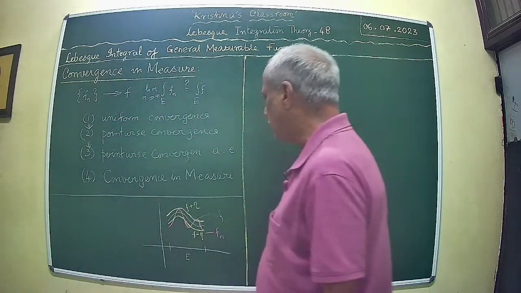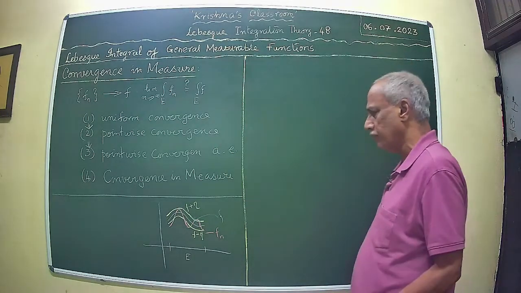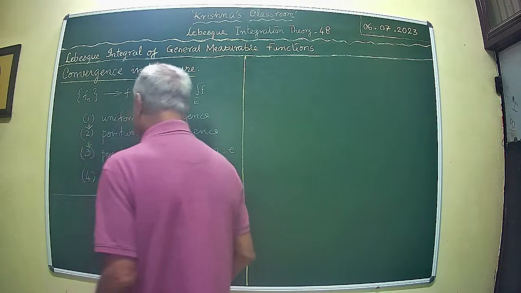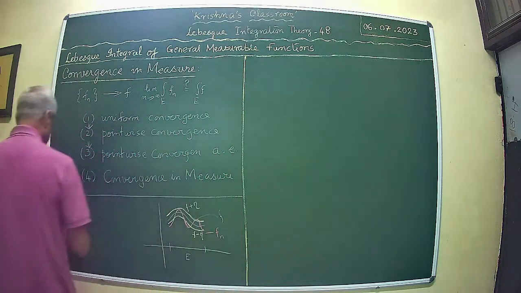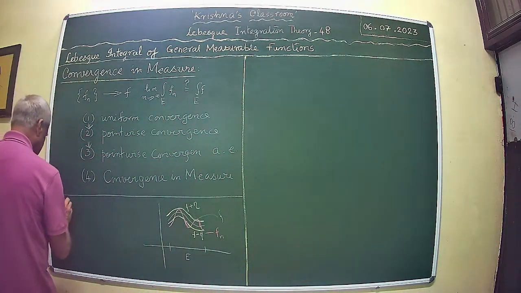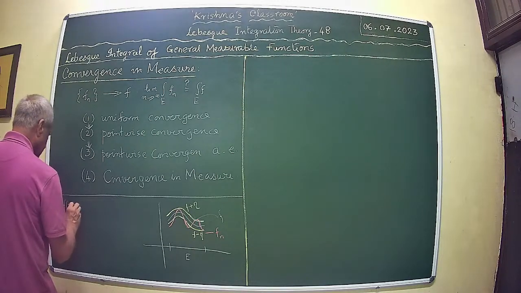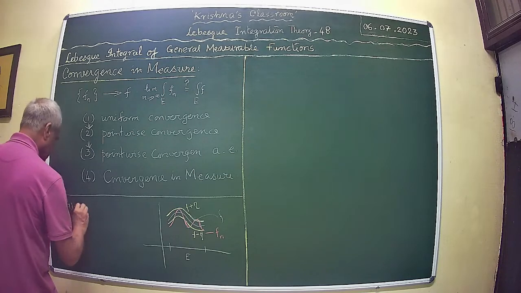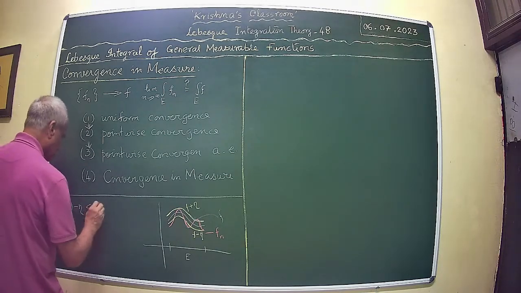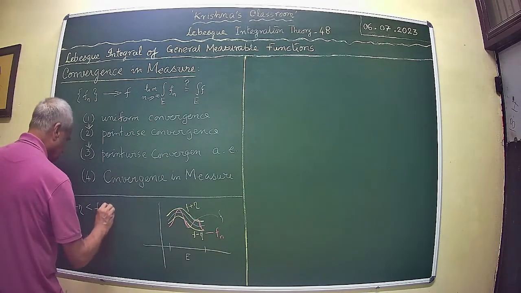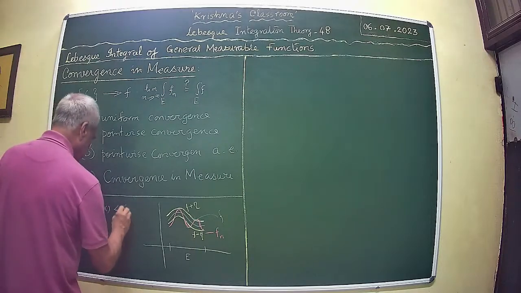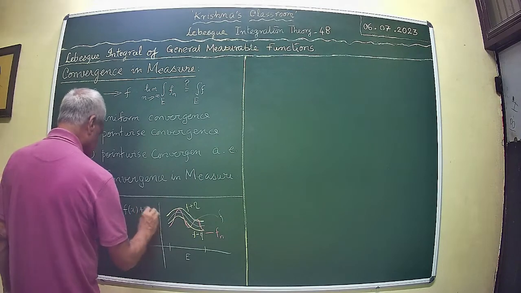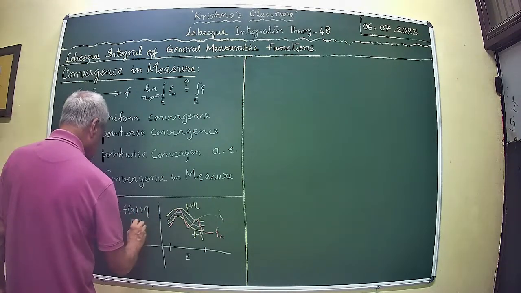So f lies between f plus eta and f minus eta. That means for each x, f(x) lies between these two.